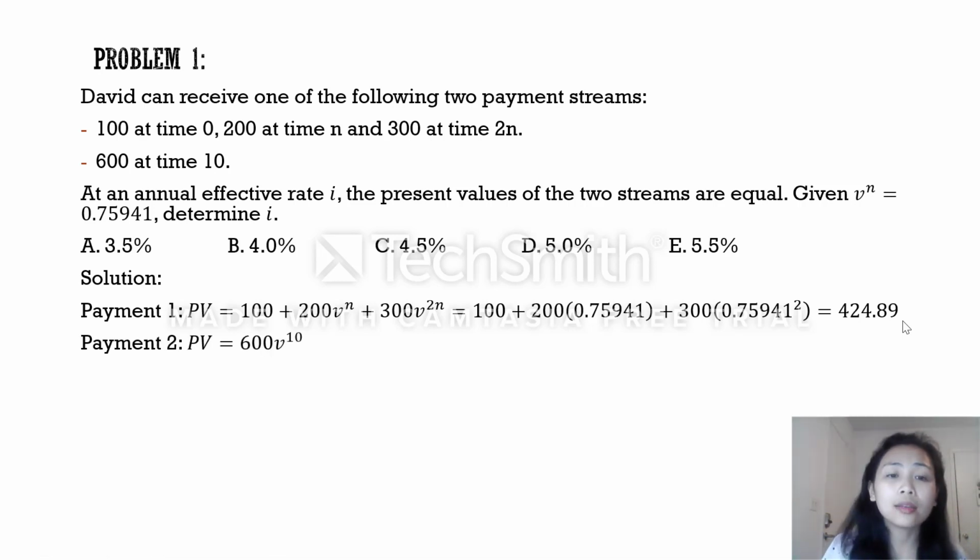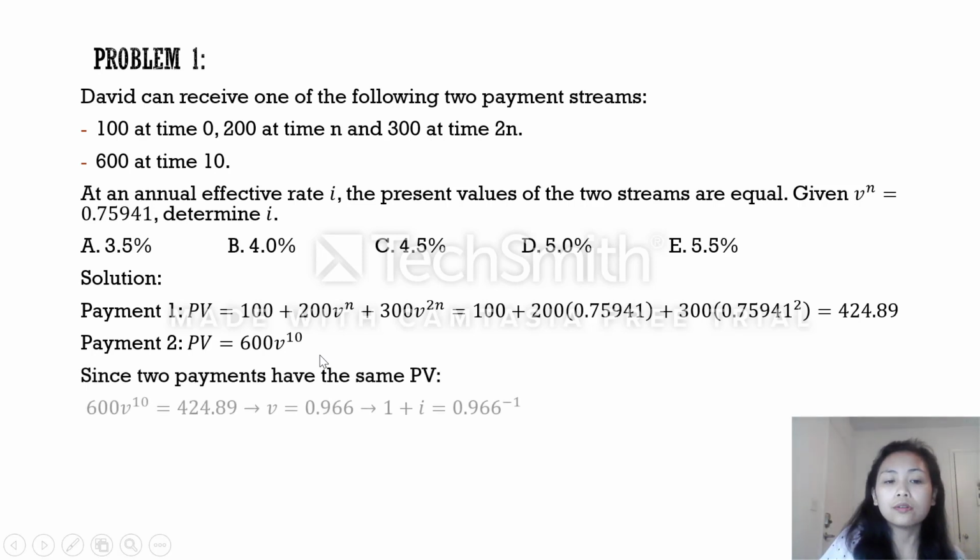Now we look at the second payment. At time 10, we have a payment of 600. So bring it to time 0. You should multiply it with v to the 10. So the present value is 600 times v to the 10. And because the question said the present values of the two streams are equal, we set the two present values equal and then solve for v.